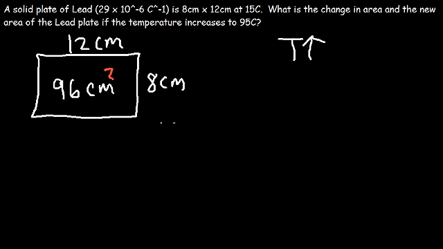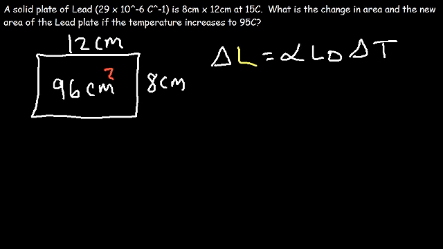So let's calculate the change in length first, and then we'll calculate the change in width. So delta L is equal to alpha times L0 times delta T. So alpha is 29 times 10 to the minus 6. The original length is 12 centimeters.